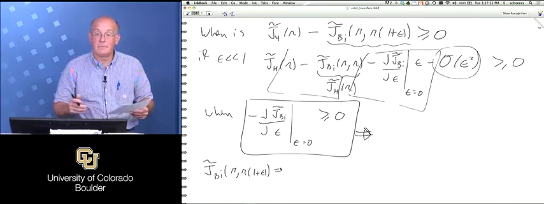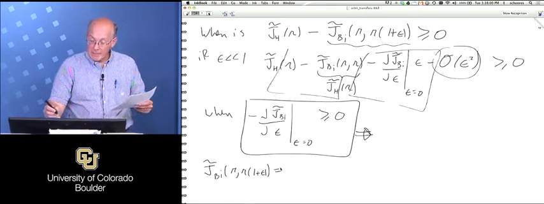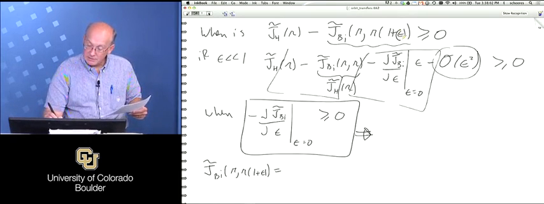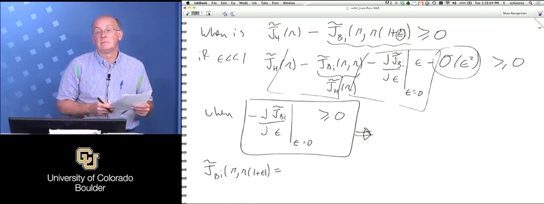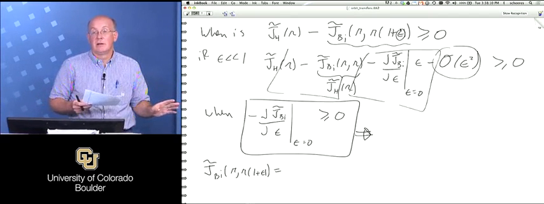Professor? Yeah? Shouldn't it be the derivative of J_BI with respect to R instead of epsilon? No, because I'm actually just doing the expansion in terms of epsilon. Okay. So it doesn't matter what my small parameter is. I don't have to do R epsilon.